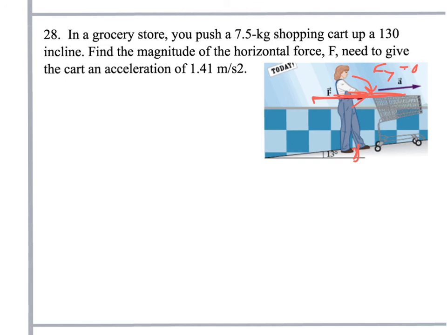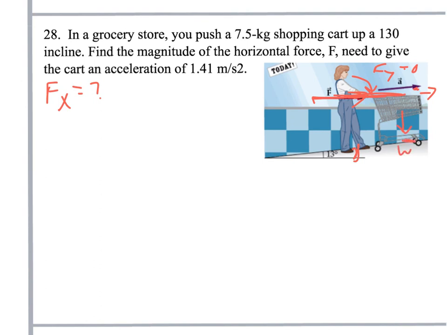the horizontal force, which is F sub x. That's what we want to find. We can also take into account our acceleration there, going in the same direction as the applied force, and we also want to take into account the weight of the shopping cart.